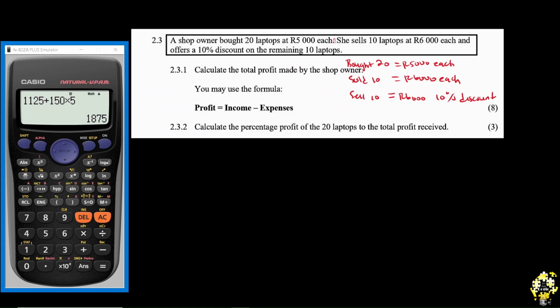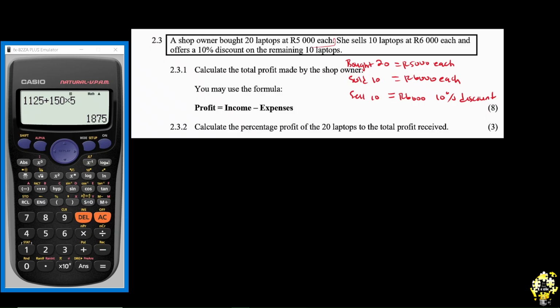By just looking here, you can tell she sold 10 for 6,000 each, and sold the other 10 with a 10% discount. Always make notes. I will make a full paper video, hopefully when I'm done with all the topics under paper 1, on how to tackle the paper as a whole and how to make your notes so that you can save time. Let's continue.